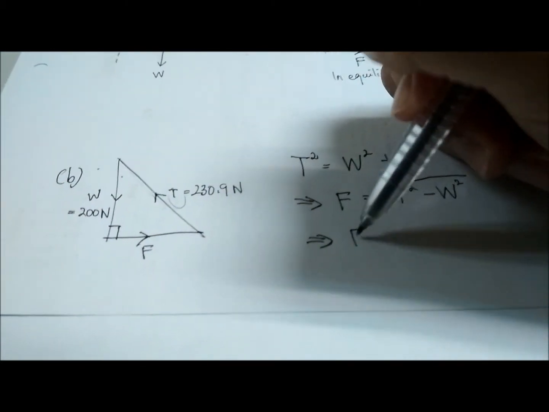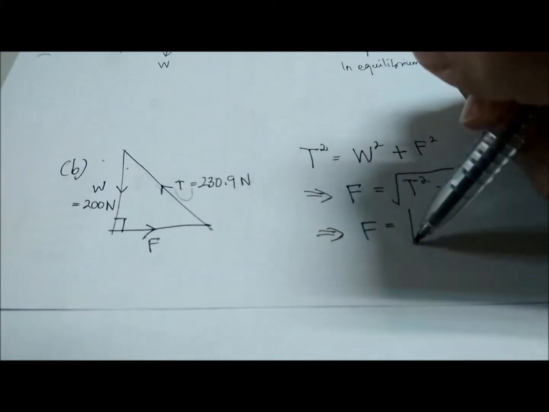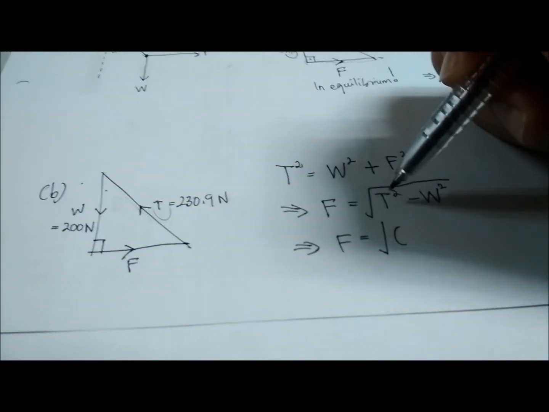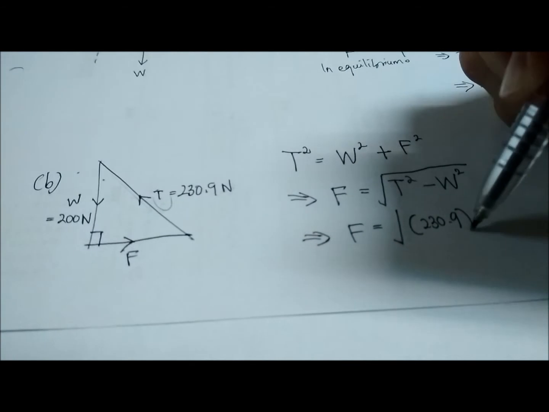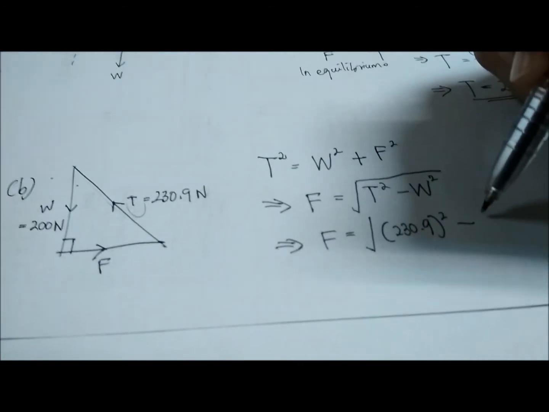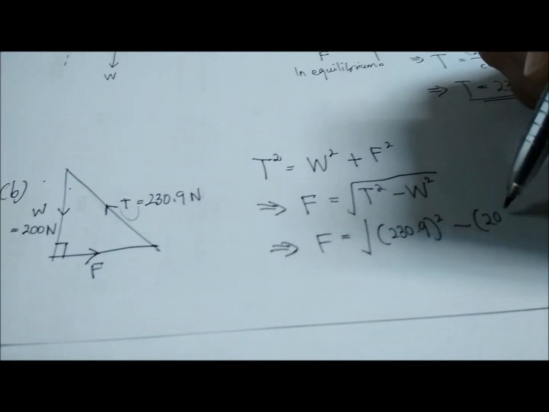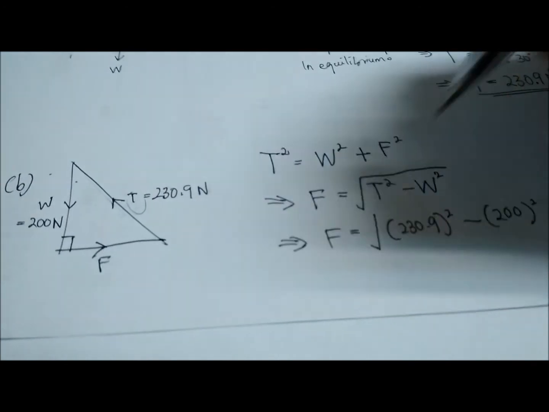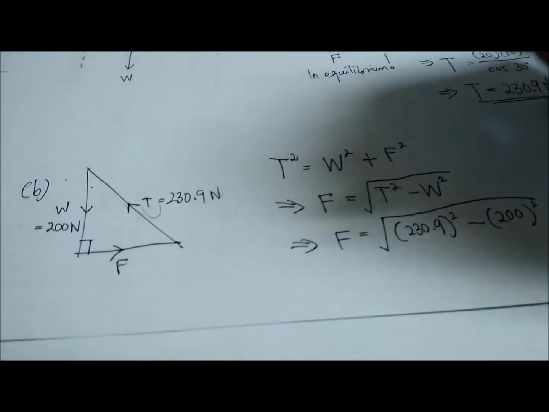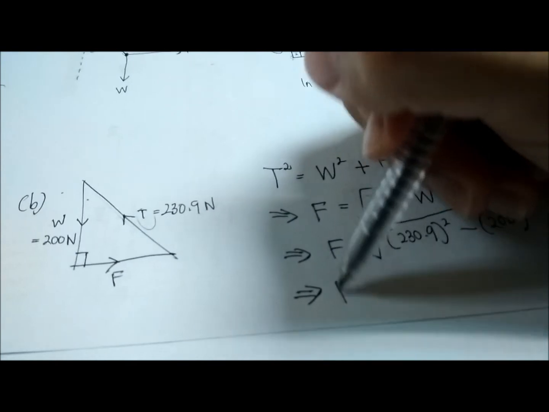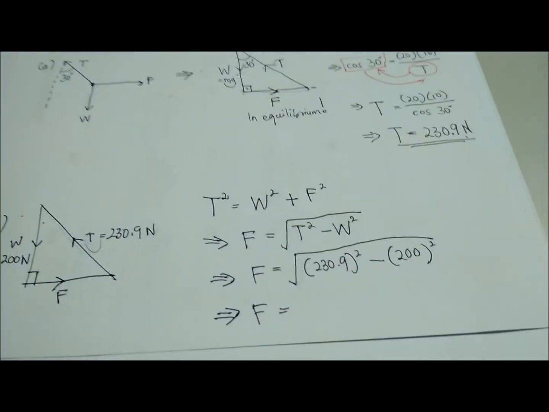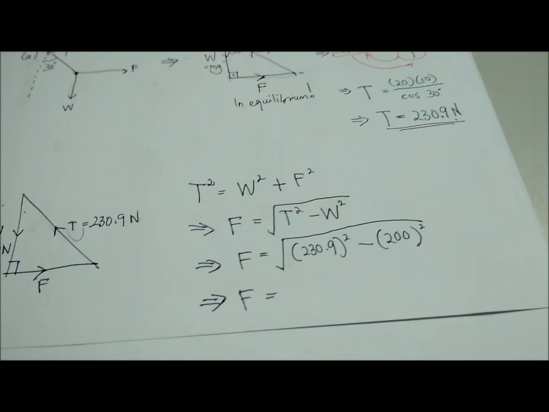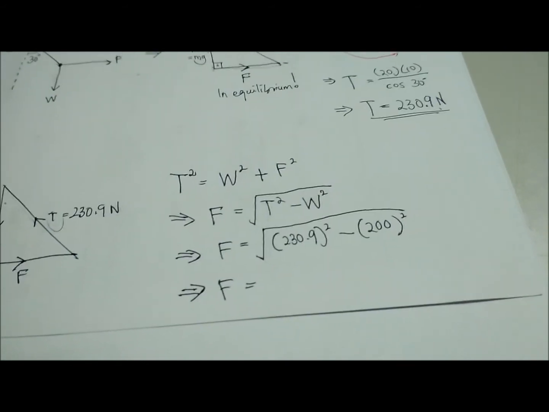So F is equal to the square root of T, the tension, 230.9 squared, minus the weight. The weight is 200 Newton. So F is, okay, please calculate. You can pause the video and do the calculation on your own.